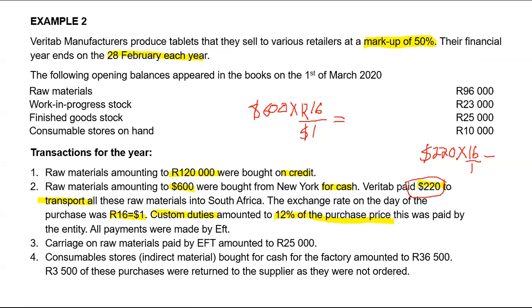And that'll give me my transportation cost. Obviously, I will add that as my carriage on purchases in my direct material cost note.